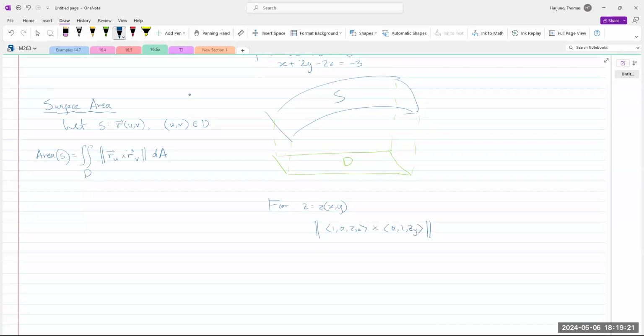Remember, this actually gives us the area of a small tile.